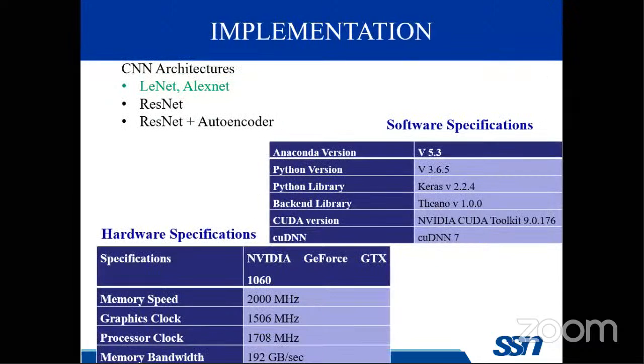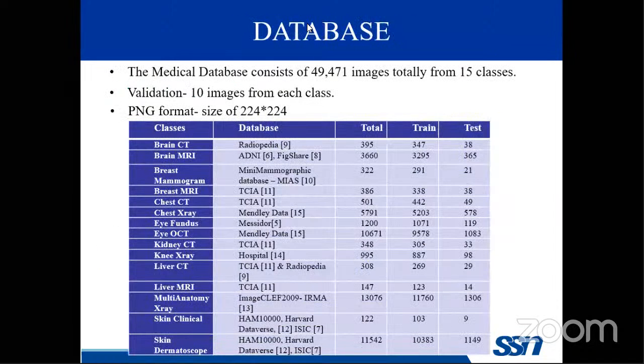Here you could see the different types of images: brain CT, brain MRI, breast mammogram, MRI, chest CT, chest X-ray, fundus, OCT, kidney CT, knee X-ray, liver CT, liver MRI, and again we also took up the IRMA database and skin clinical and dermatoscope, right?